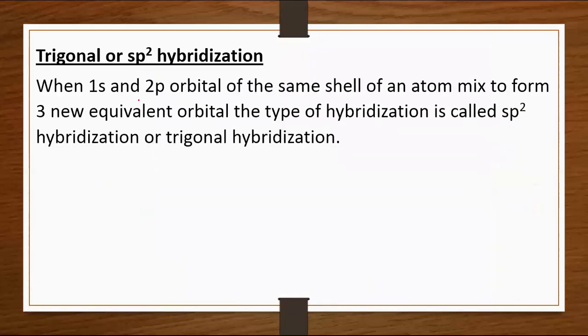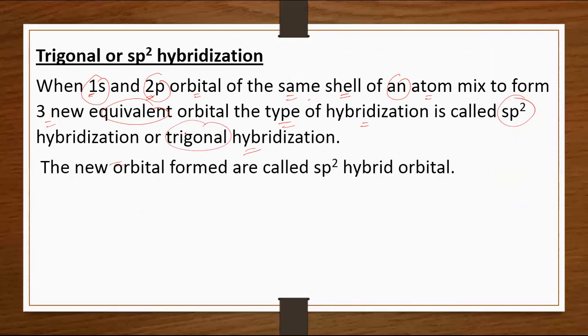Here, when 1 s and 2 p orbitals of the same shell, where 1 and 2 indicate the number, not the principal quantum number, of an atom mix to form three new equivalent orbitals, the type of hybridization is called sp2 hybridization or trigonal hybridization. In this hybridization, the new orbitals formed are called sp2 hybrid orbitals.